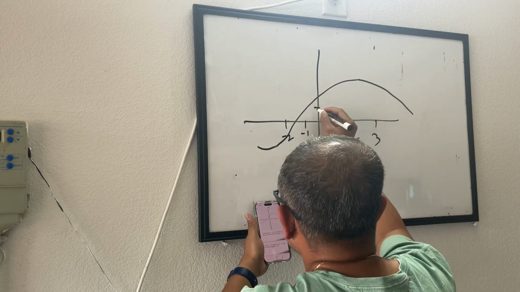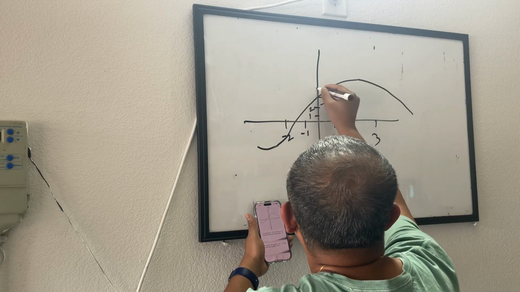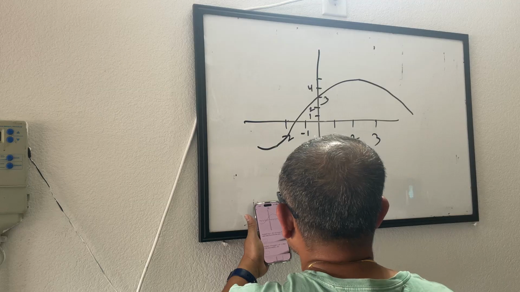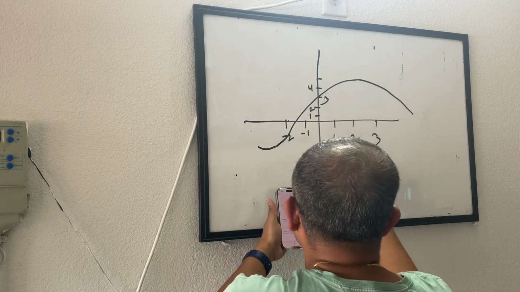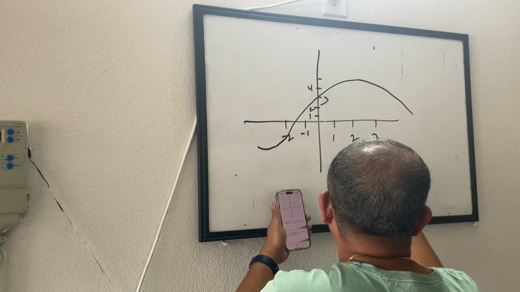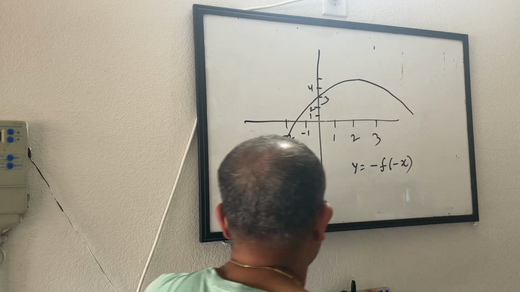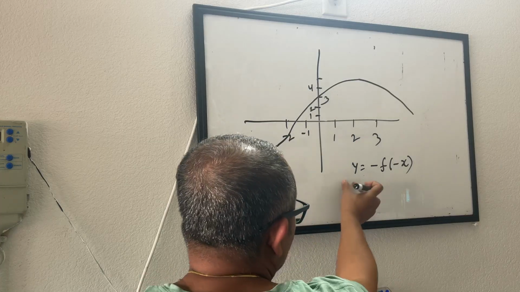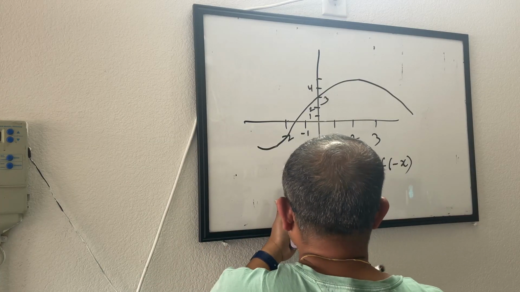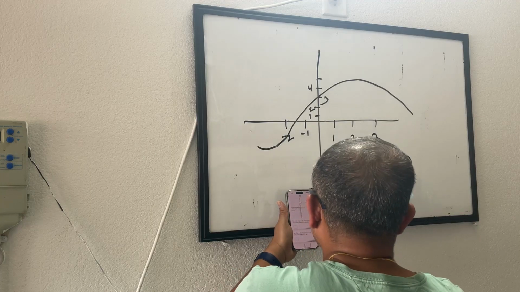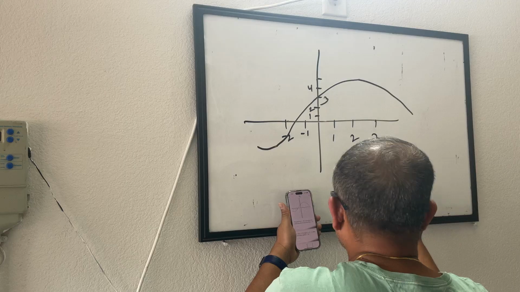This is 1, 2, 3, 4. This is 1, 2, 3, 4. This is a graph of y equal to minus f of minus x. This is the graph of y equal to minus f of minus x. For which value of x is it true that f of x is equal to 1?